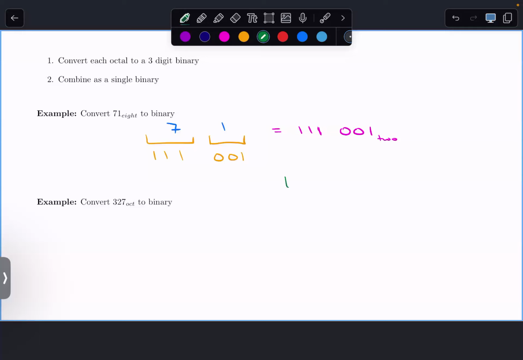So if you have 1101.01, let's say, then you would have to add trailing zeros. You start at the decimal, and then you add leading and trailing zeros as necessary.